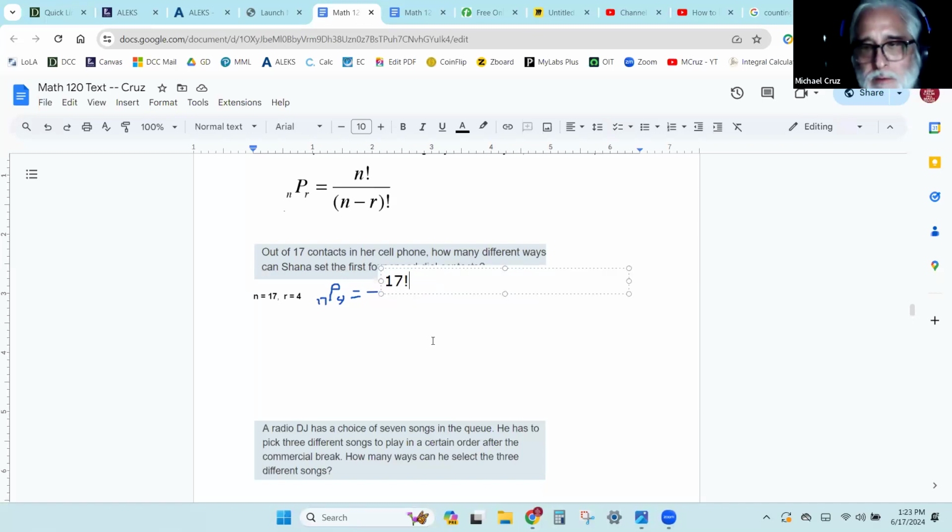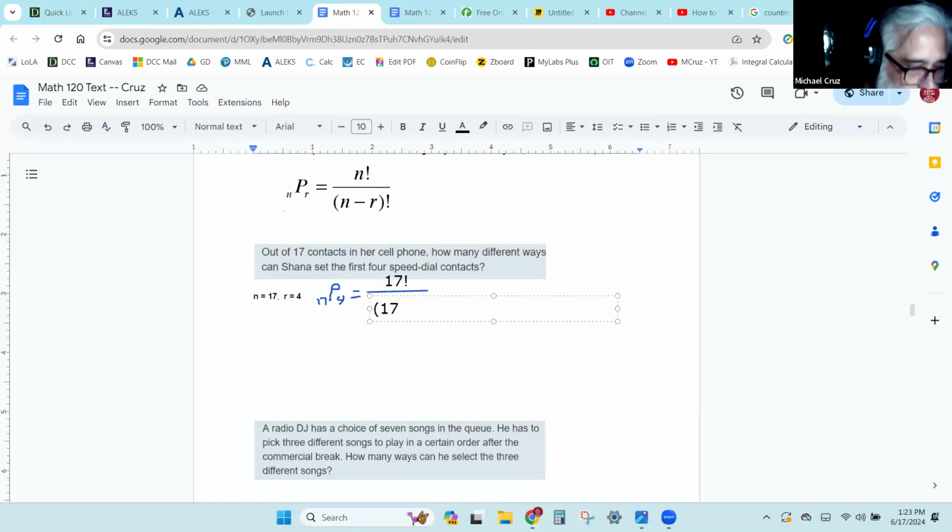That's the N. And then down here, 17 minus 4 factorial. So that means down here it's going to be 13 factorial.